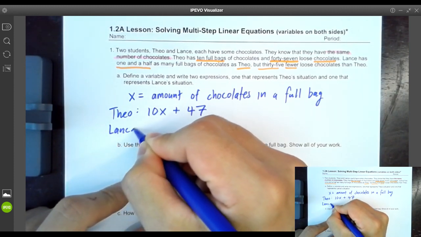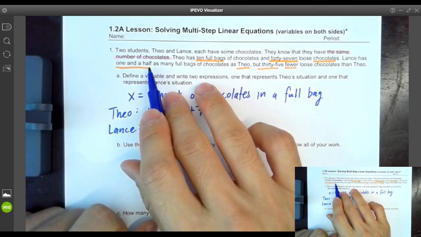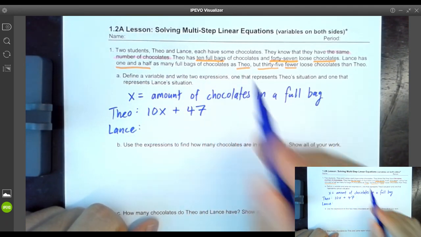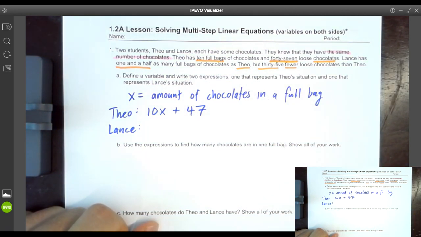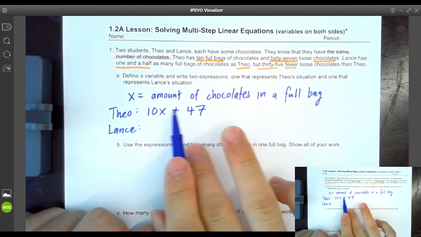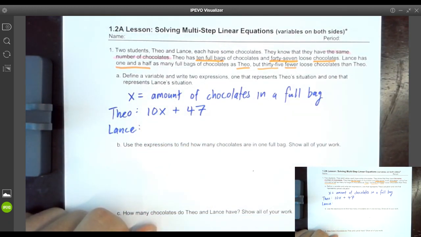Okay, so now we have to define Lance. Lance has 1.5 as many full bags of chocolates as Theo. So it's kind of like Lance has 1.5 times the amount of full bags of chocolates. And if Theo has 10 full bags, what's 1.5 times 10?